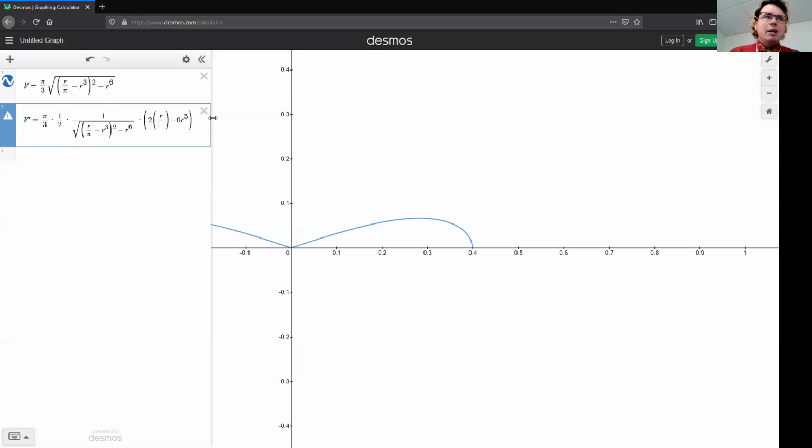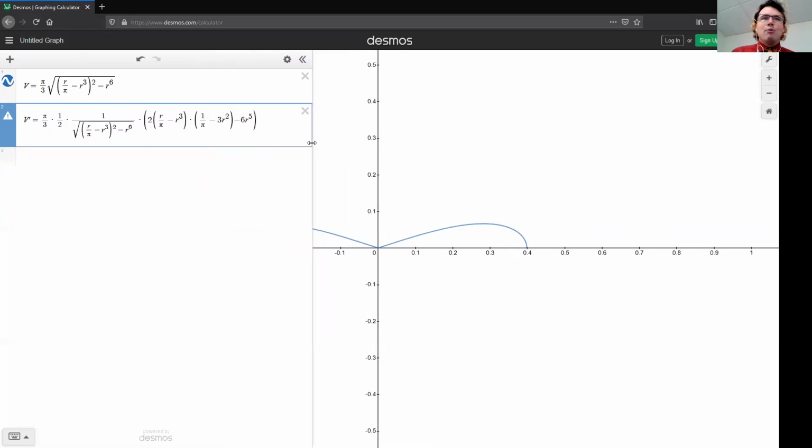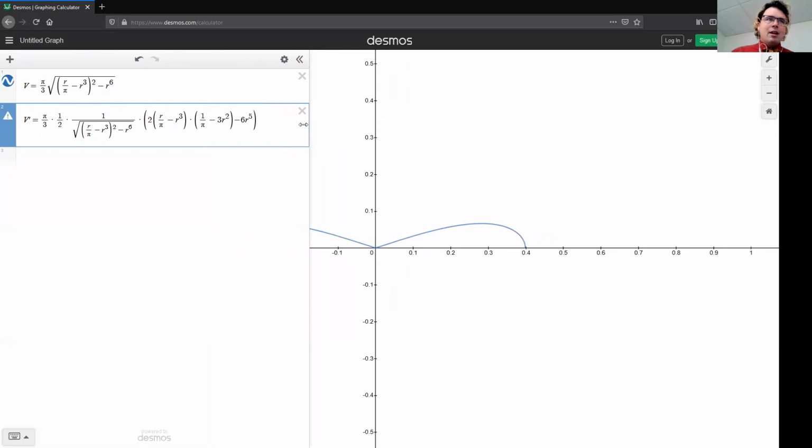So I'll have 2 times the stuff in parentheses times the derivative of the stuff in parentheses. So here, 1 on pi minus 3r squared. Let me make some more room for that. So here's a formula for the derivative.